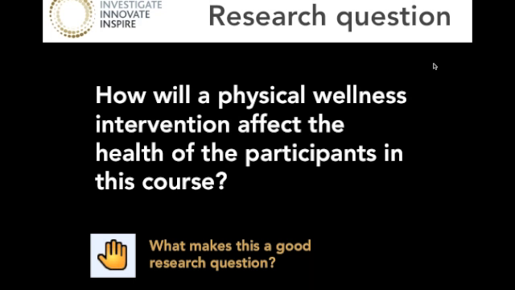Anjali? To me, it looks like there are some identifiable variables that the research question has, which is health of the participants in the course. But health is very broad to me. What I'm thinking is, if it was specific, what do you mean by health? What is one specific aspect?